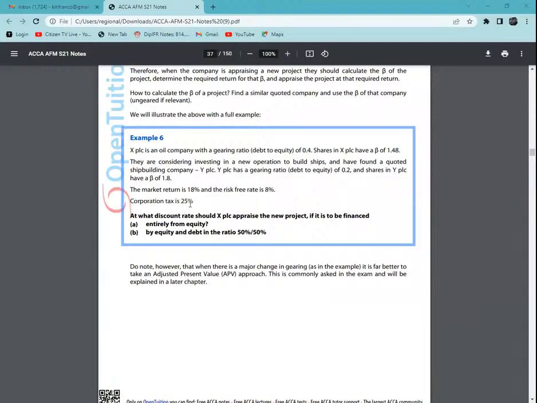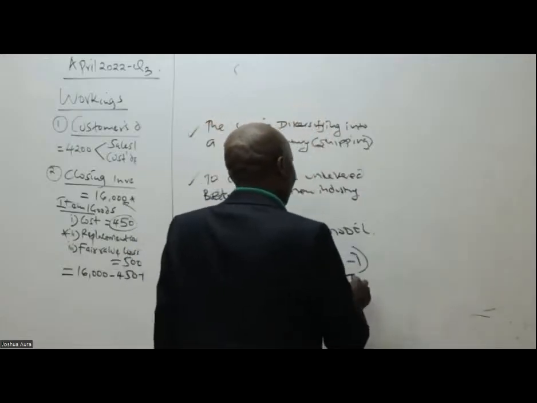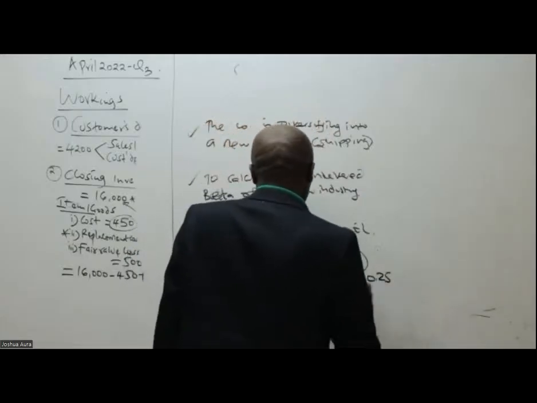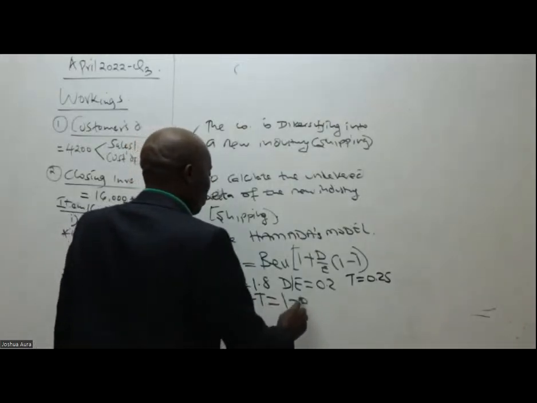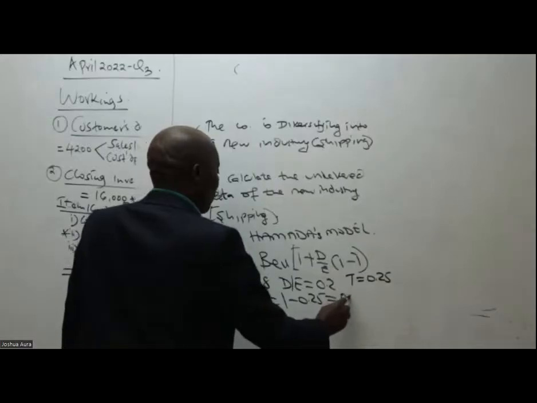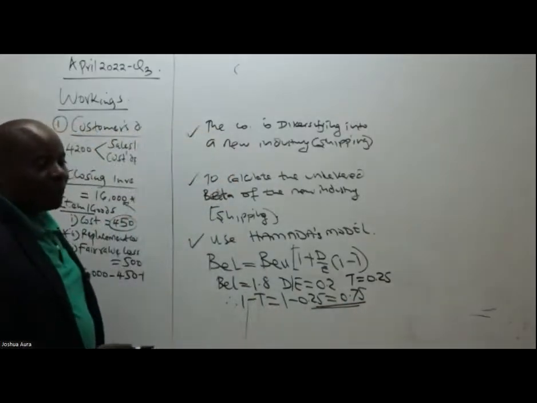And then the other thing they have done so nicely is to give me the risk-free. Somebody, it's not risk-free, but the tax is 0.25. So 1 minus tax will be 1 minus 0.25, which will be 0.75.